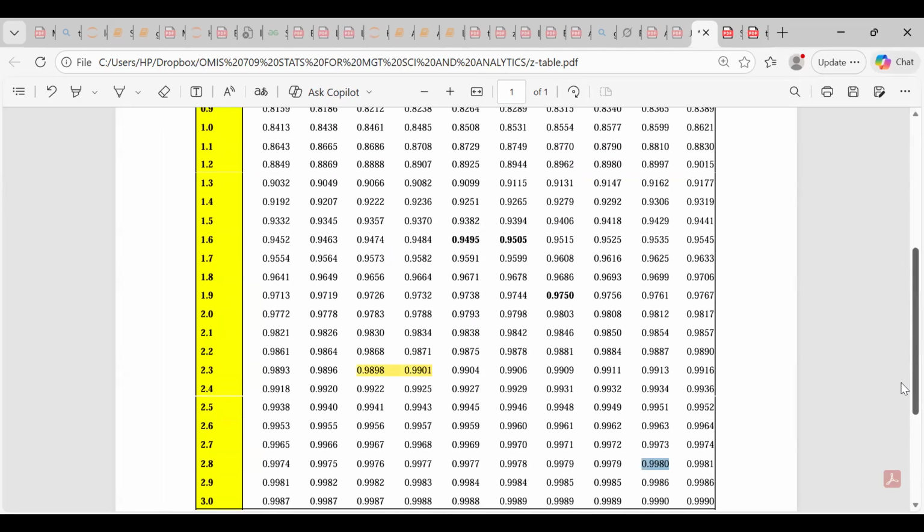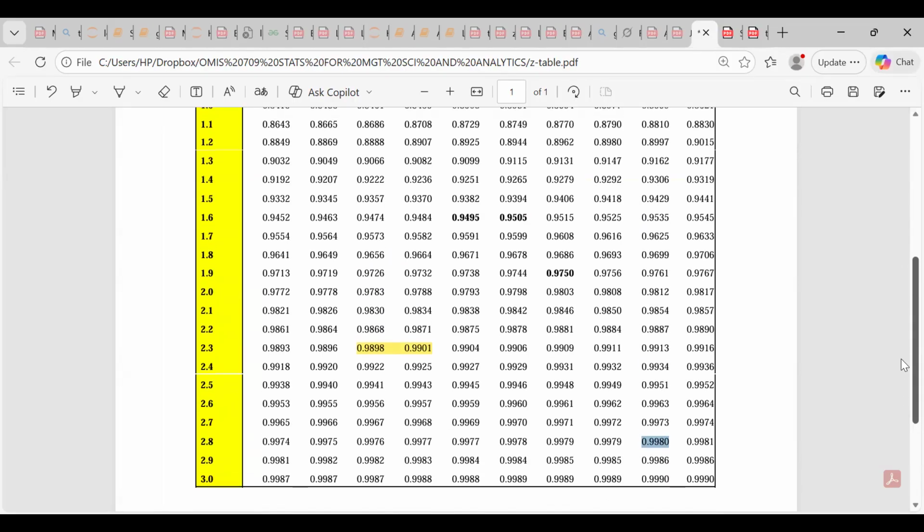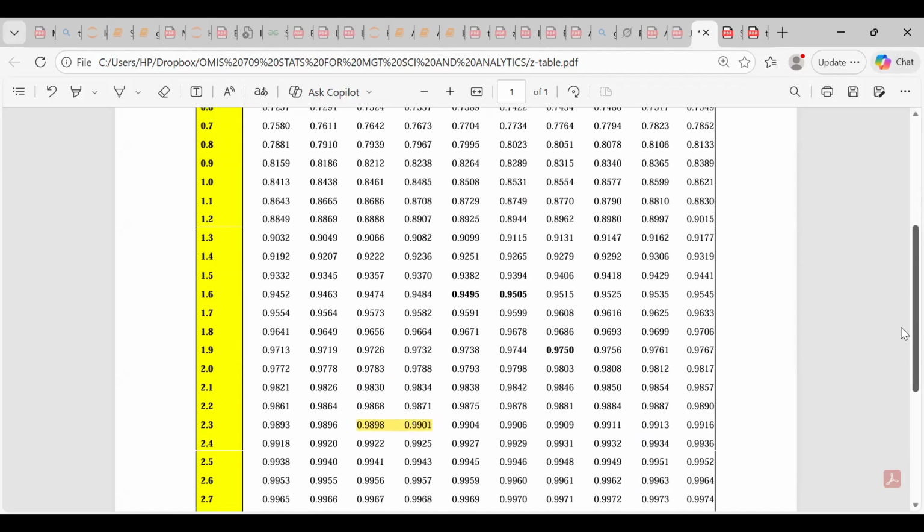So we are dealing with 0.05, and you need to take the reciprocal. The confidence interval for that will be what? 0.995. So we are rather looking for 0.995.